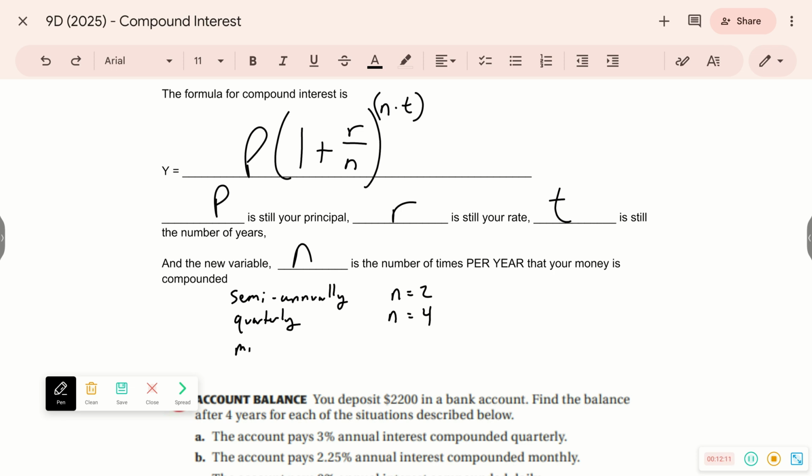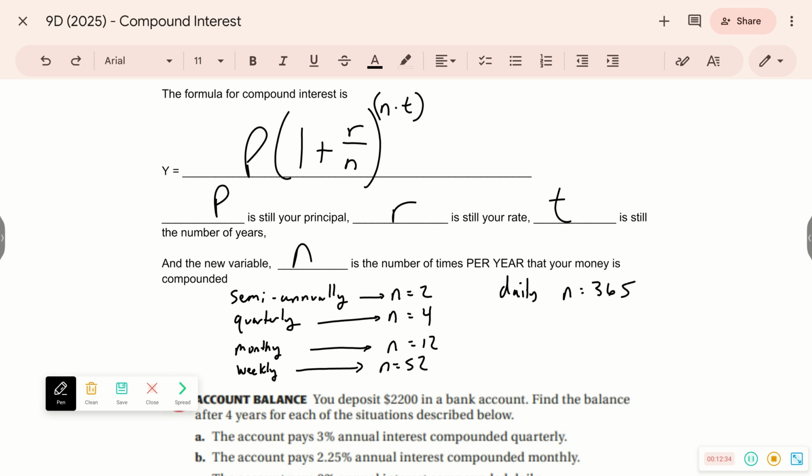If it's monthly, N equals 12 because there's 12 months in a year. If it's weekly, N equals 52 because there's 52 weeks in a year. If it's daily, N is equal to 365 because there's 365 days in a year.